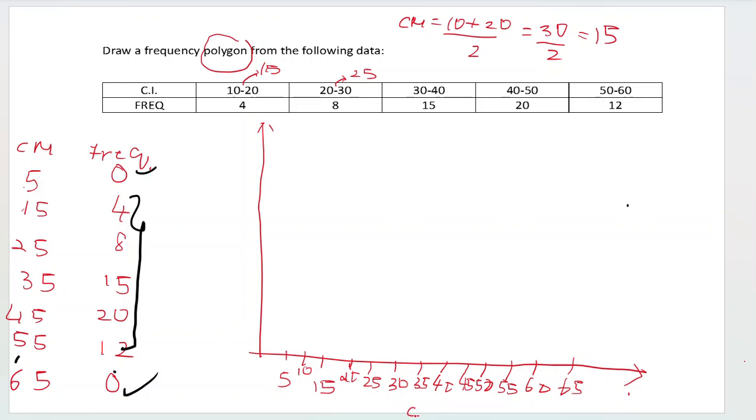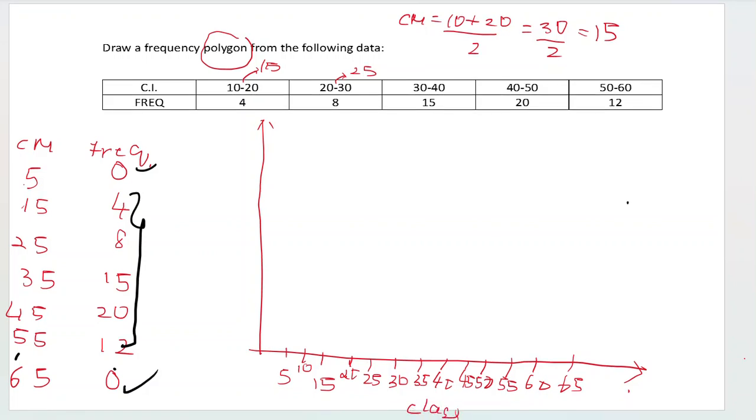So on the x-axis we plot all the class marks, whereas on the y-axis we put the frequency. So we put 5, 10, 15, 20.